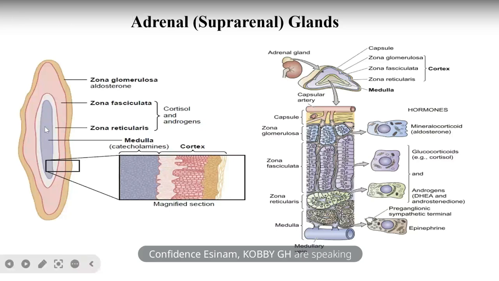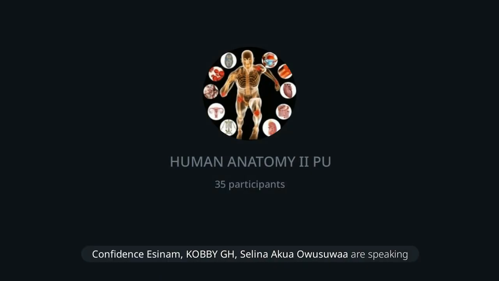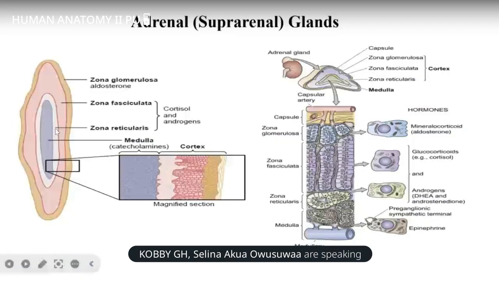That is fine. So if we ask you that the adrenal gland has two anatomical divisions, what are they? The adrenal medulla and the adrenal cortex. The adrenal cortex is further divided into three zones. The outermost zone is the zona glomerulosa, the middle zone is the zona fasciculata, and the zone closer to the medulla is the zona reticularis.